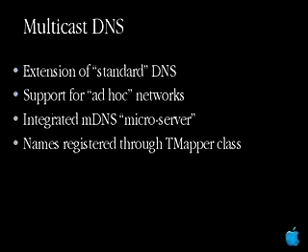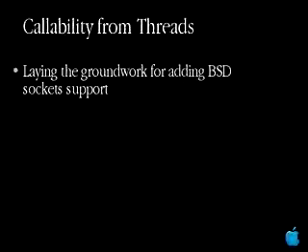Effectively, we're putting a multicast DNS kind of micro server into each Macintosh, and you will register names with this server in an analogous way to the way that you register NBP names now. You'll do it through a mapper object. So the analogy is pretty straightforward there.